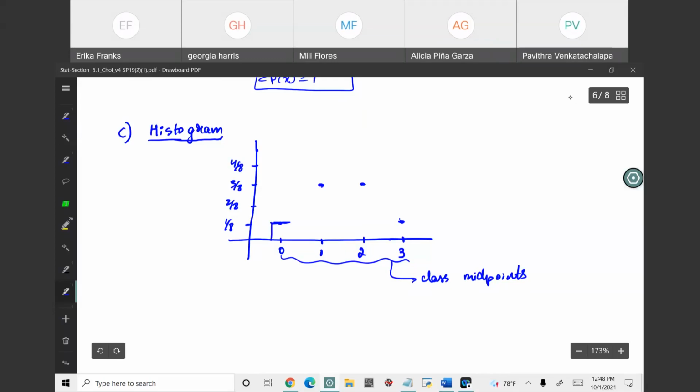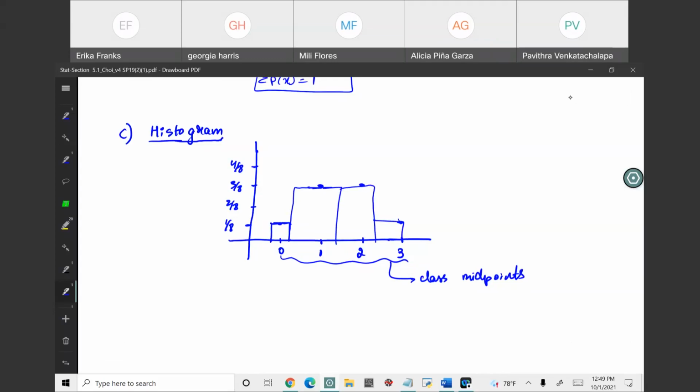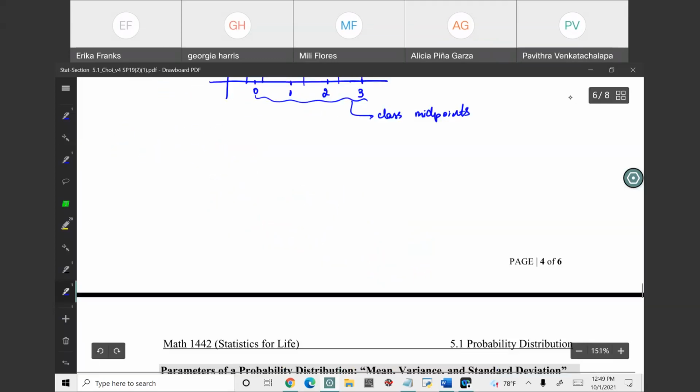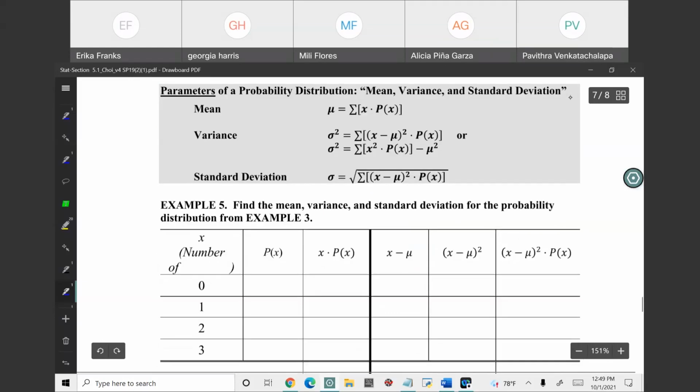This is the midpoint, and I will give a gap. Likewise, if you do this for the other problems, you will get something like this. This is how you construct the histogram. I'll stop here and continue with the rest of the problems.